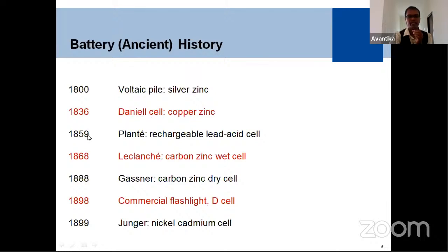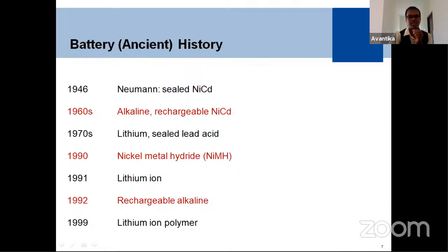After that, in 1857, Planté discovered the rechargeable lead acid cell battery for different applications. So this is the history of the battery. Then in 1898, the commercial flashlight was discovered, and in the 1970s, lithium and sealed lead acid were used. So the big miracle happened in 1990, or I can say 1991.